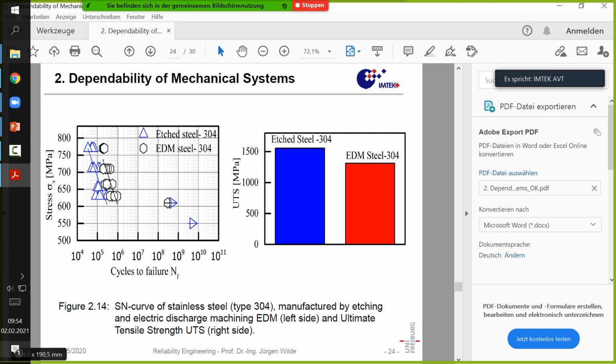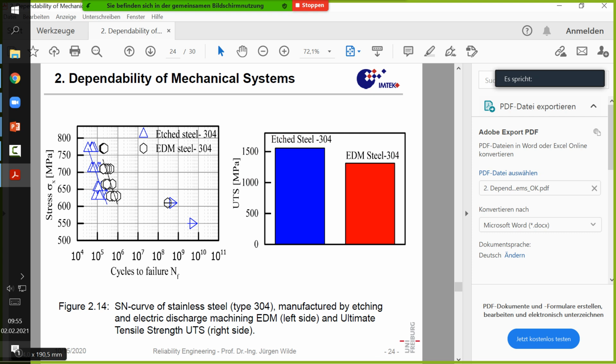That would mean I will have to look up the Wöhler or Basquin curve of that silicon part. It should be included here.